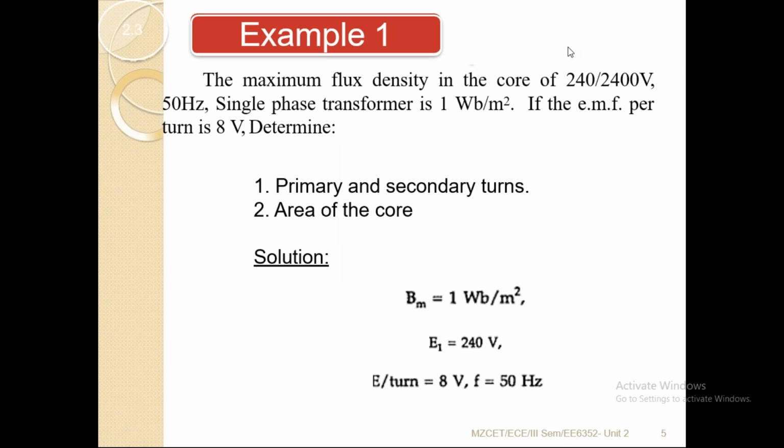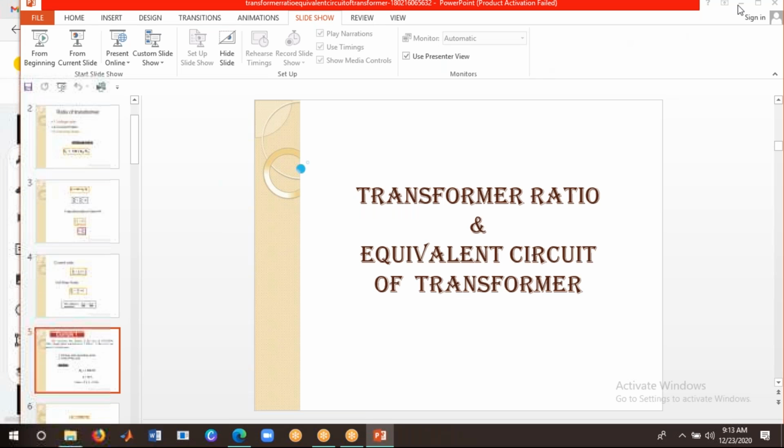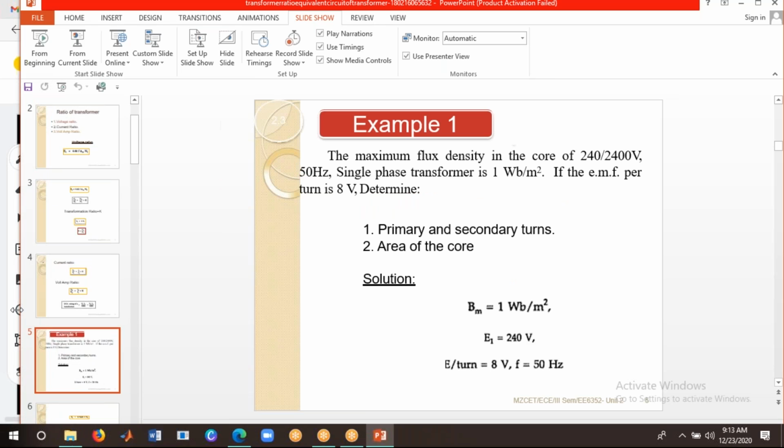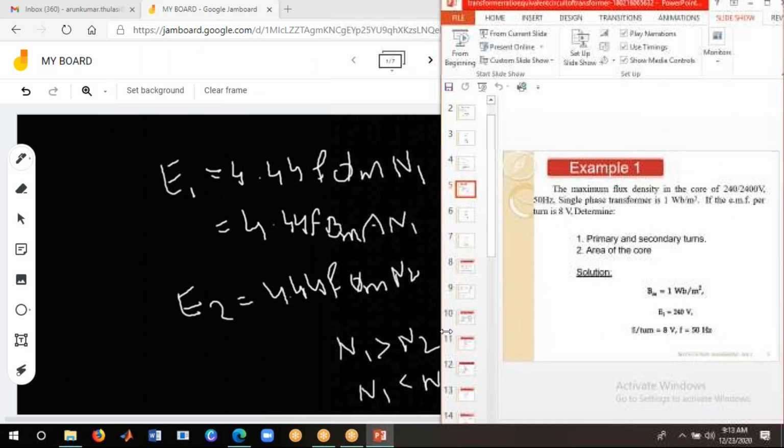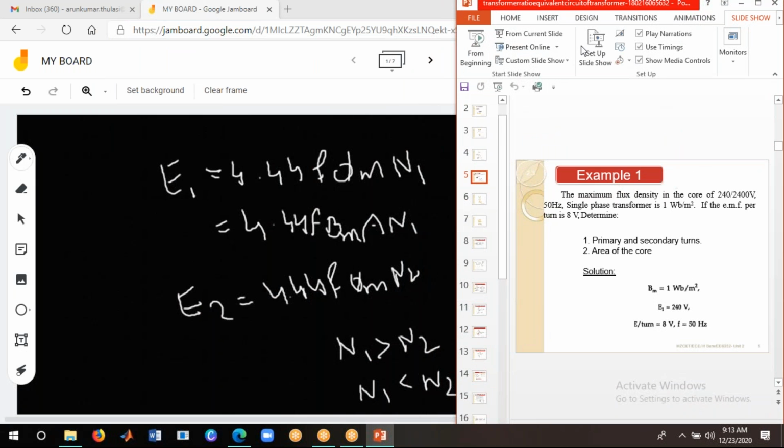Right. So shall we do one problem on this EMF equation? I will read this question.